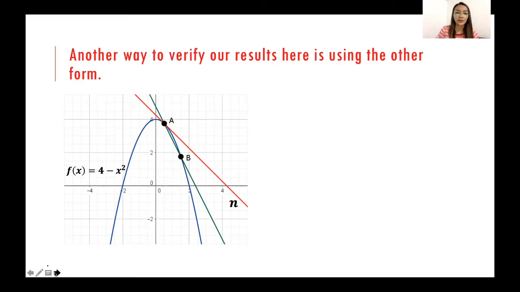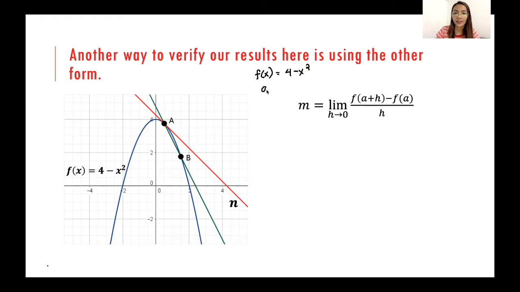Okay, so what's the other definition? So, we have m is equal to the limit of f of a plus h minus f of a over h as h approaches 0. Okay, but in this case, you are going to apply the composition of a function. So, we have our f of x here, diba, is equal to 4 minus x squared.